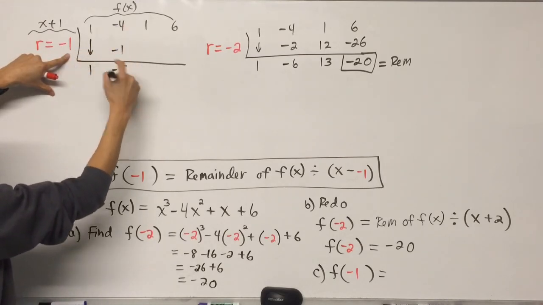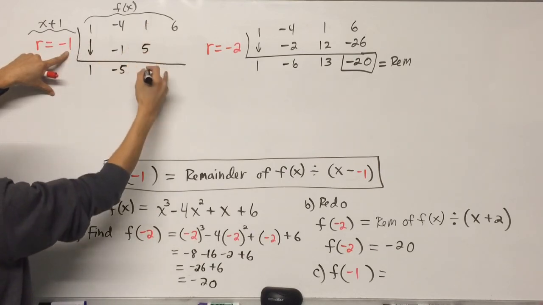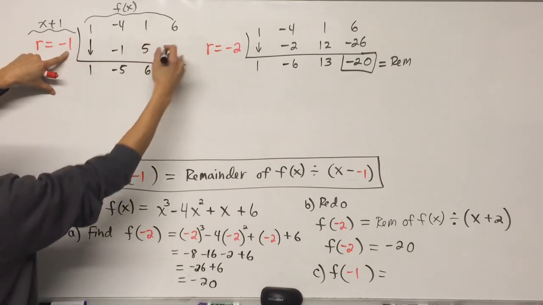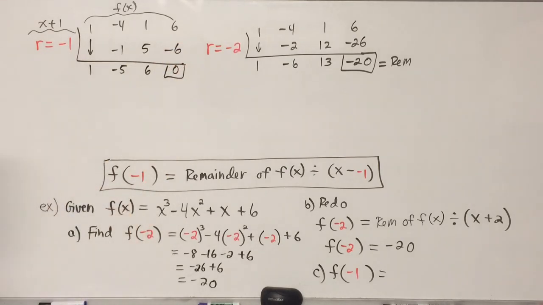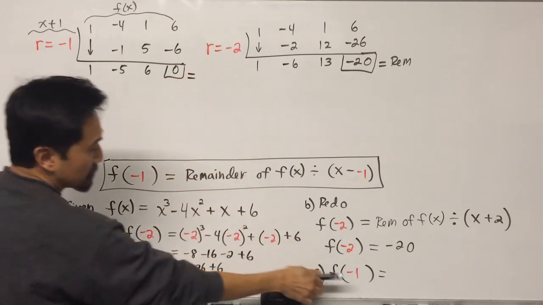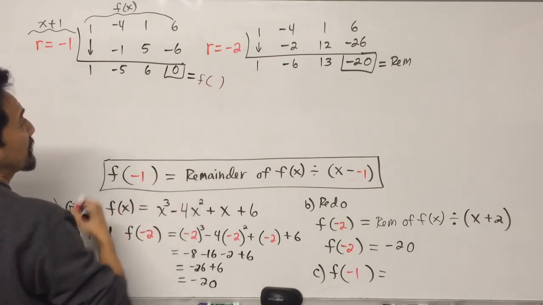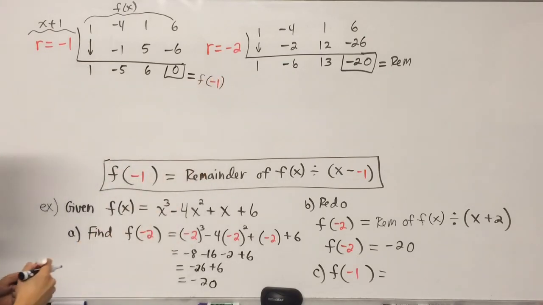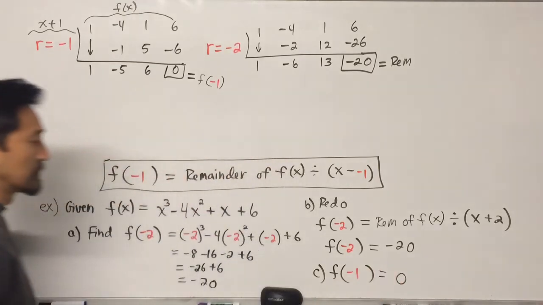Add vertically. Multiply diagonally. Add vertically. And look what we get. We get a remainder of 0. And that remainder is actually equal to what we were looking for. And that is the function value f of negative 1. Okay? So here we have it. F of negative 1 is 0.